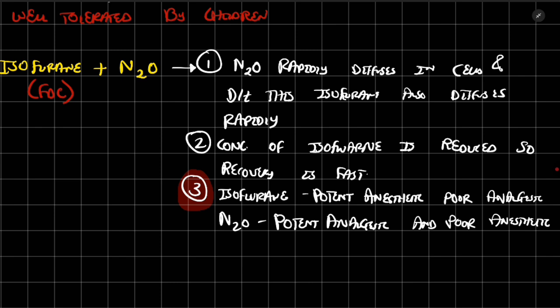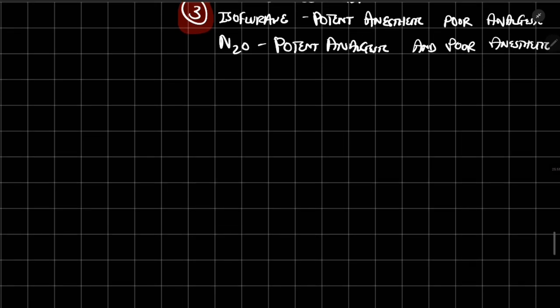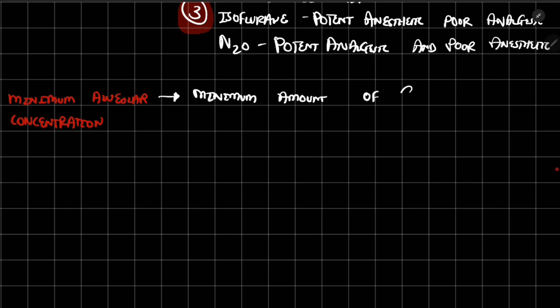Okay, now there's one term which is known as MAC, minimum alveolar concentration. So this term, minimum alveolar concentration, is basically the minimum amount of general anesthetic in the body, and majorly the alveoli.